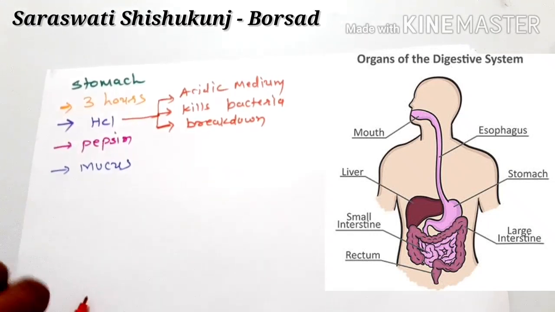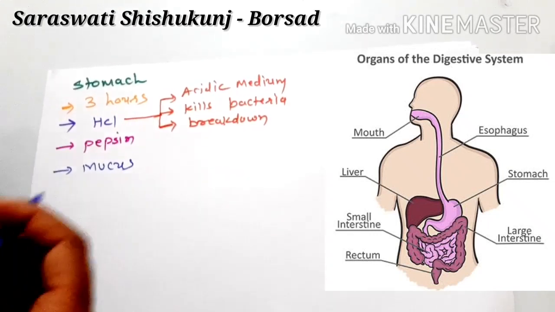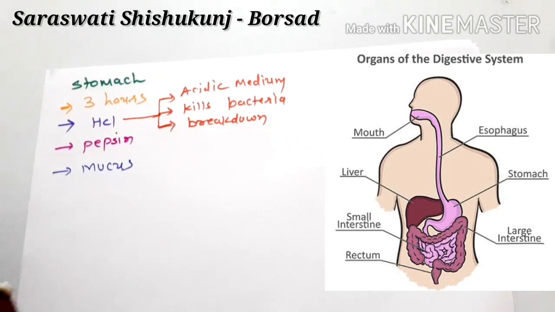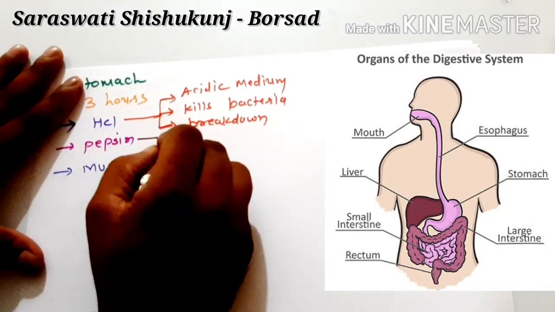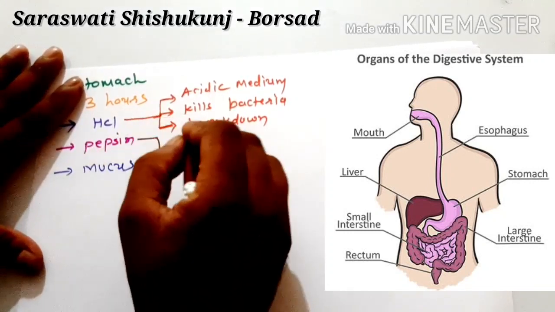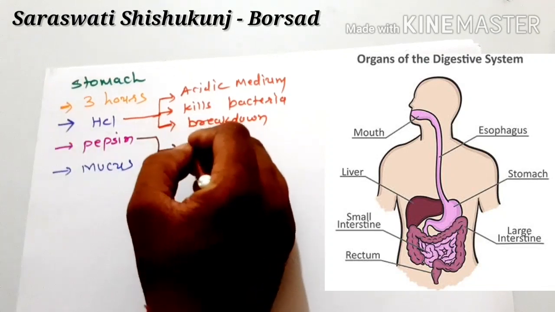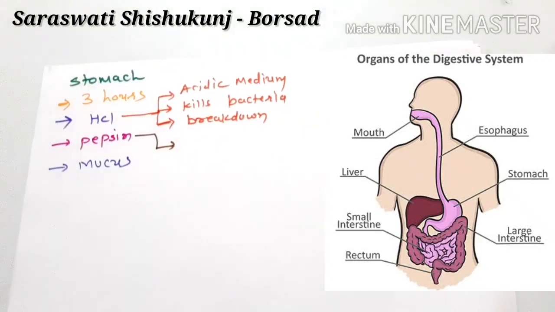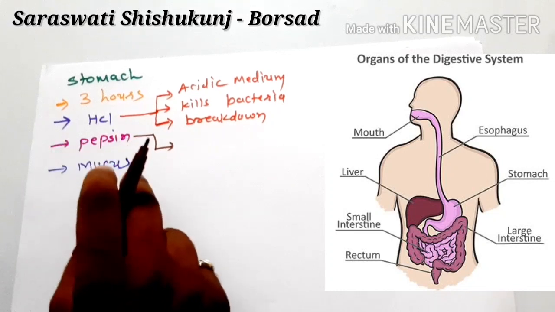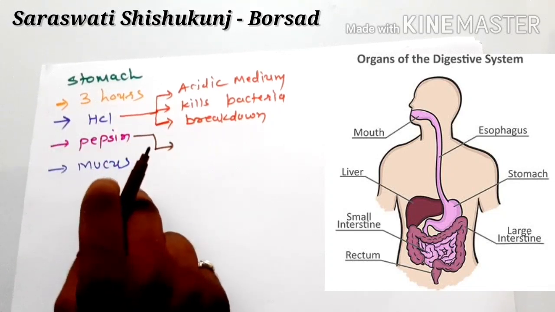Now, what is the importance of pepsin? It's very simple: first of all, pepsinogen is secreted in the stomach.